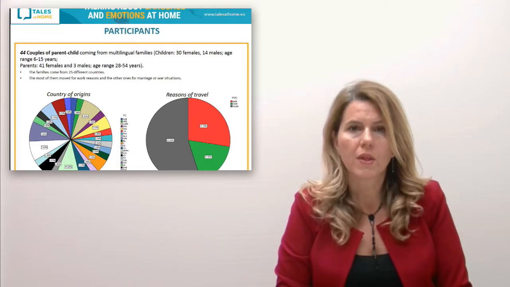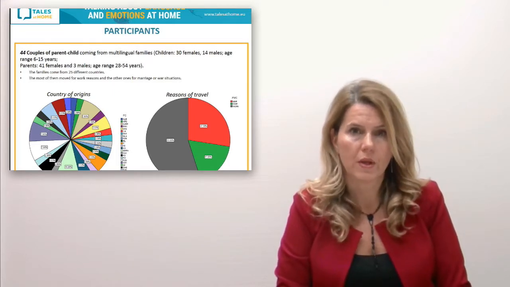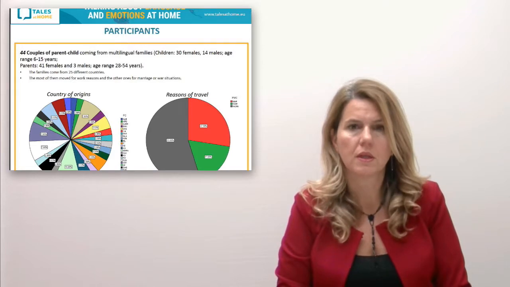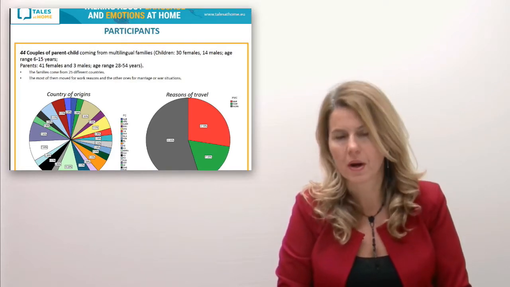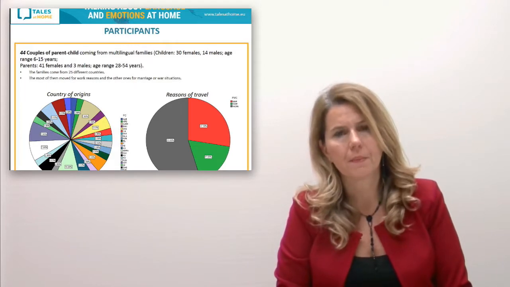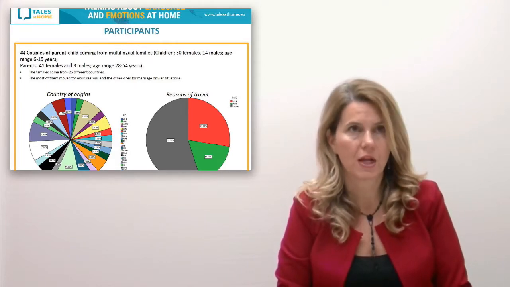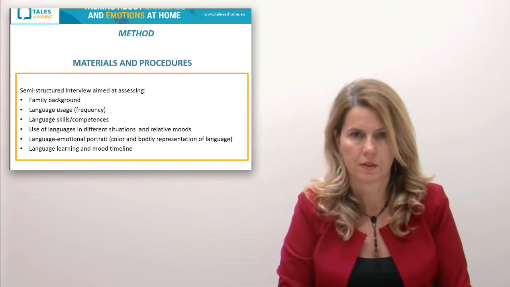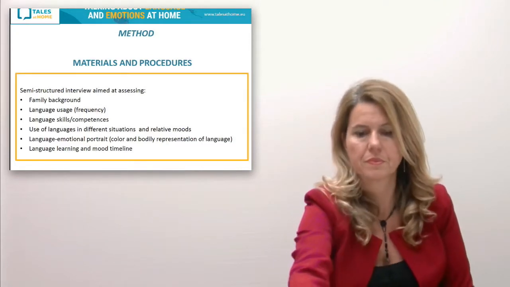A little bit of them also for war reasons, the green part of the graph, and another part of them moved for marriage reasons, the red part of the graph.